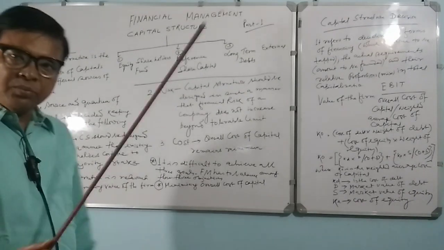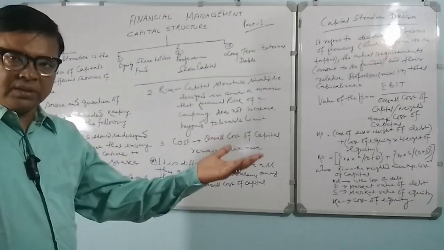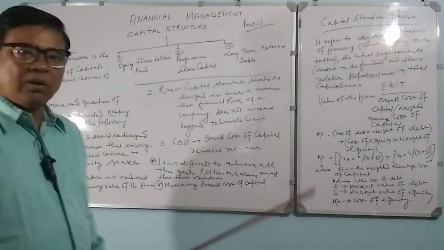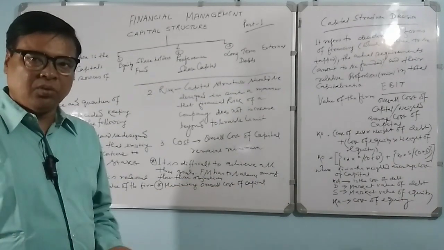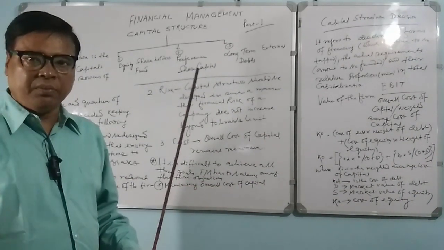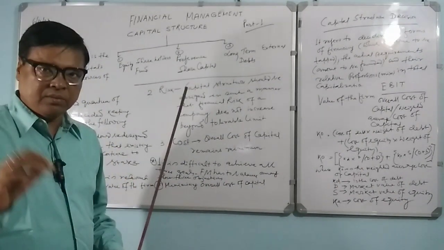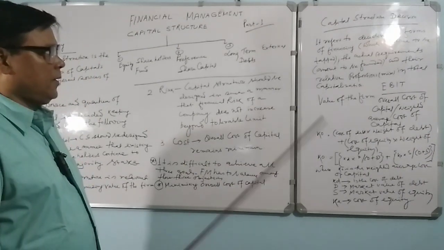The value of the firm should increase; how will it be determined? Your share value will increase. And the overall cost of capital should be minimum so that your profit margin will be there. Fund cost is a very vital factor for the margin of corporations or organizations. So you have to think over it this way.